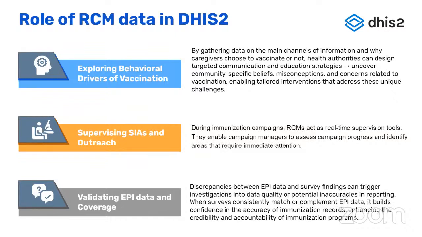And of course, on top of the type of roles that we saw for SIAs and the surveys, these can also provide information on behavioral drivers of vaccination, because during RCMs it's also very common to collect data, for example, on why certain children were not being vaccinated during these campaigns, which in turn can impact, for example, our health promotion policies or, in general, the way that we target certain types of populations.